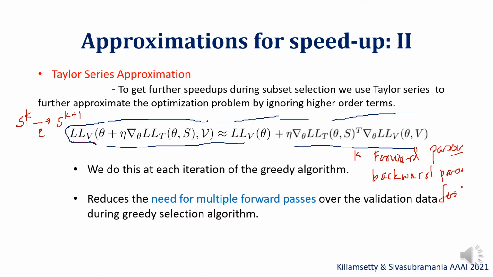While this itself is useful, instead of doing the forward passes k times, we can use stale likelihoods and compute the validation log likelihood only r times.